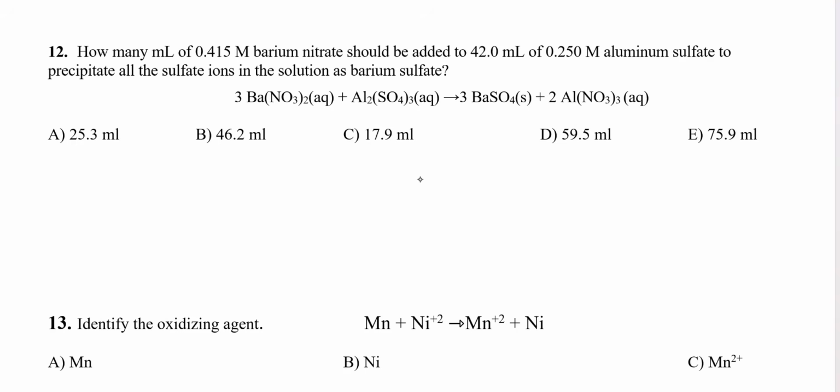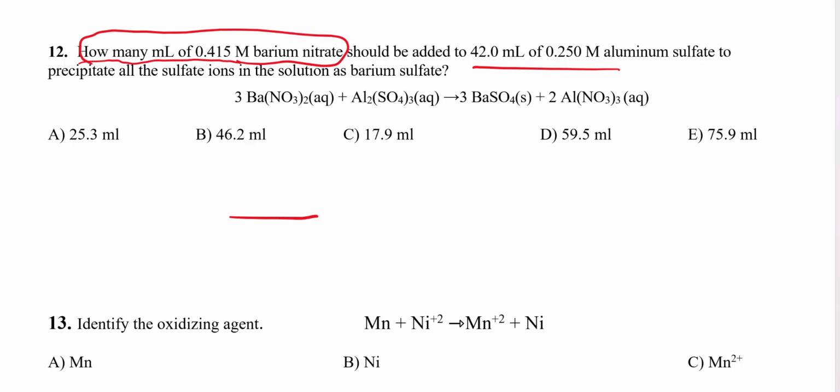Here is another solution stoichiometry question. It is for a precipitation reaction, formation of solid, and we can easily use the same method for solving the question. We don't know the volume of barium nitrate, we have its molarity, and we have the molarity and volume of aluminum sulfate.